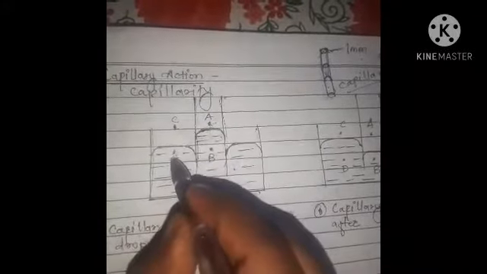Similarly, point C is above the plane surface but outside the capillary tube, and last, point D is below the plane surface but outside the capillary tube.